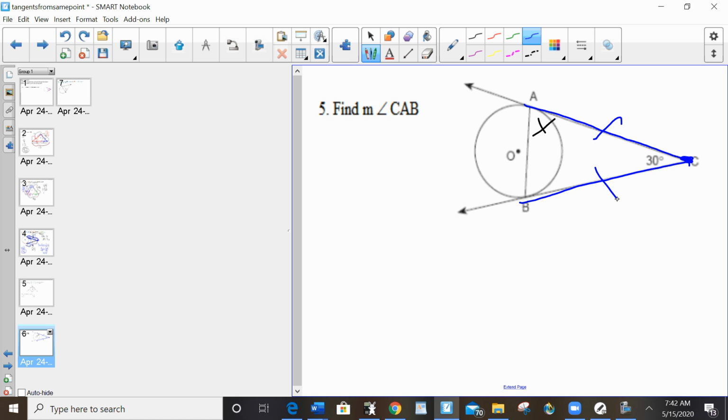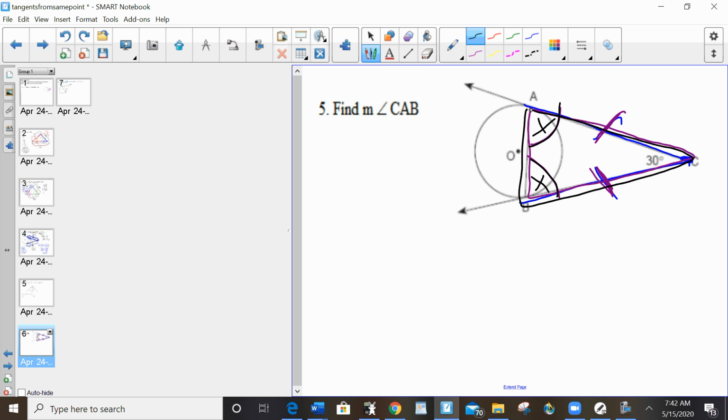Now, going back to what we did at the beginning of the year, I see an isosceles triangle. Do you see the isosceles triangle? And when two sides are the same in an isosceles triangle, then the two angles are also the same. So if this angle is x, then this angle must also be x. Now I'm looking at this triangle.